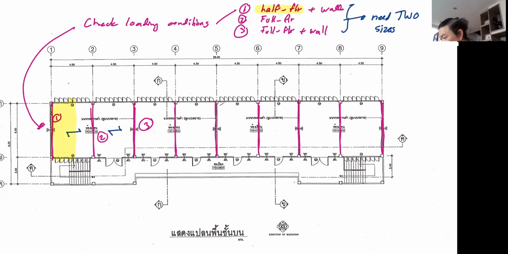The second case, this is the second one. And then the third one, let's use a different color. This. So you probably need two beam sizes for it. And that's the first one.